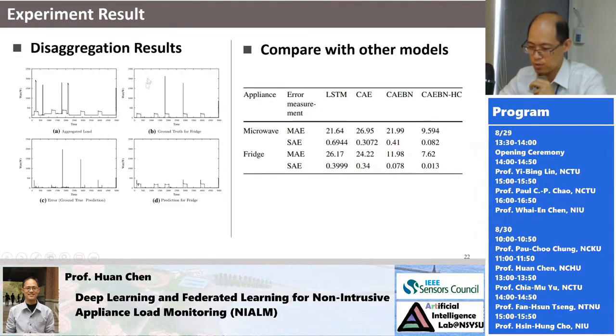As you can see, the ground truth and our predicted one are very similar. And this one is the error. Their difference, you see, is very small. So this is a very great scheme to apply deep learning with the hill climbing method.